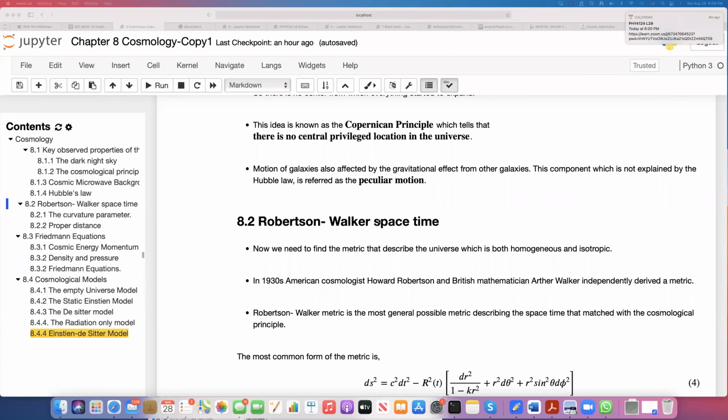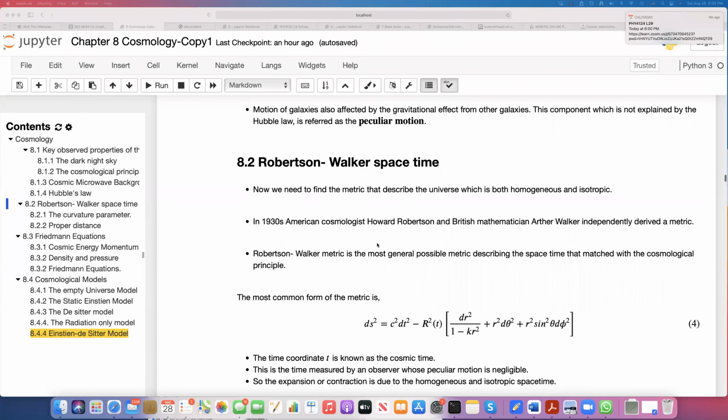So the idea is we now know that we can assume that our universe is isotropic and homogeneous, and then we need to find a metric that defines these qualities of the universe. And this is the metric that we are going to use for that. So this is called the Robertson-Walker metric.